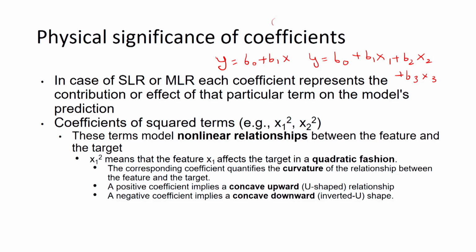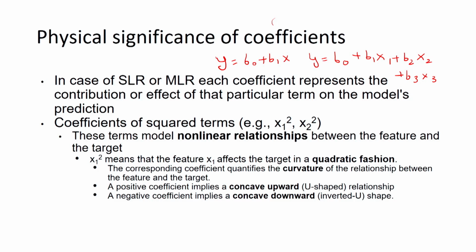These terms in the model capture non-linear relationship. Definitely there is a non-linear relationship between y and x1, that is why we are adding the squared term. There is a non-linear relationship between y and x2 also, that is why the x2 square term is added in our model. So x1 square means that feature x1 affects the target in a quadratic fashion.